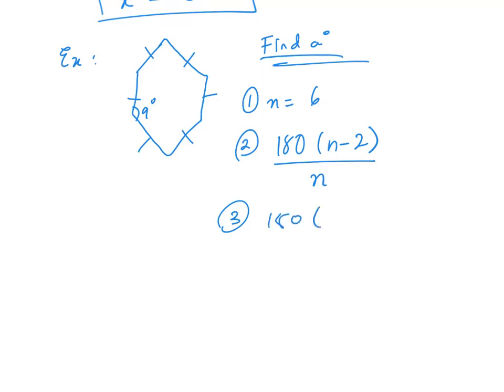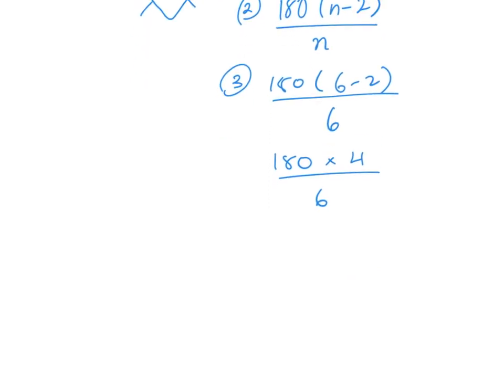That's 180 times 6 minus 2 over 6. It's 180 times 4 over 6, and on the top we have 720 over 6, and that gives us 120 degrees. Therefore, A equals 120 degrees.